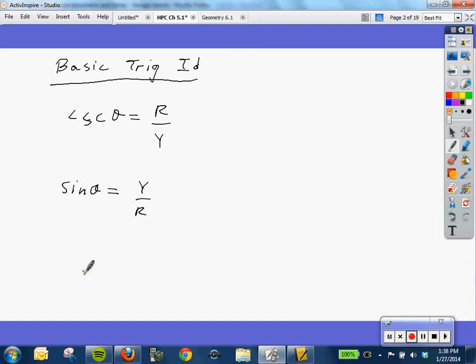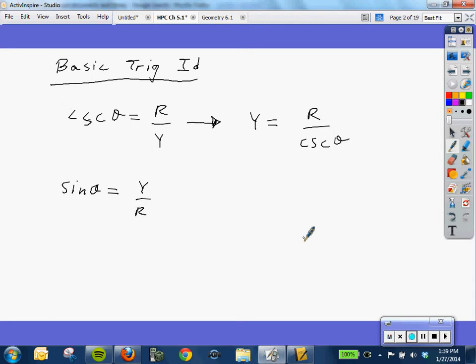So what I want to do is take this cosecant and solve for y. I'm going to multiply both sides by y, and then divide both sides by cosecant. That would give me y equals r over cosecant of theta.